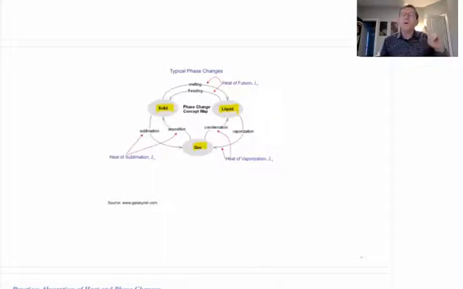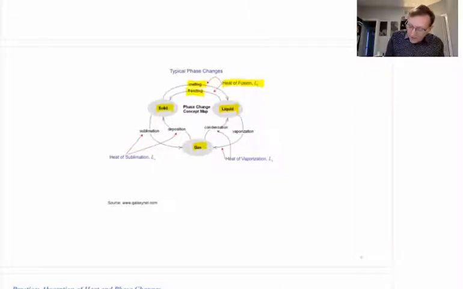So for example, going from solid to liquid, as you probably know, is called melting. Or you can go from liquid to solid, the other way. That, of course, is called freezing. Either one of those two, melting or freezing, has its own heat of transformation. And it's called the heat of fusion.